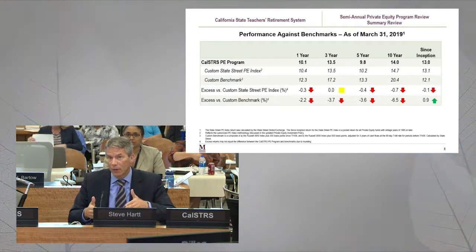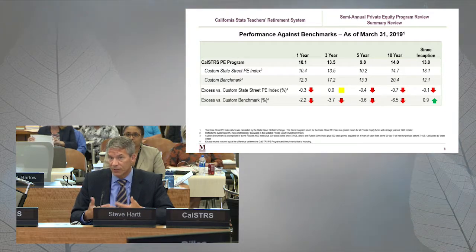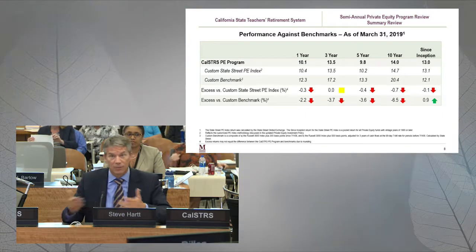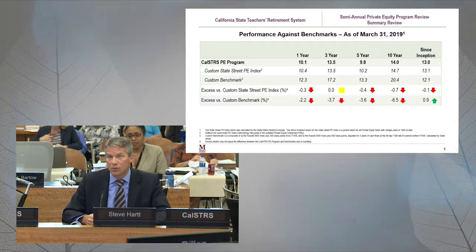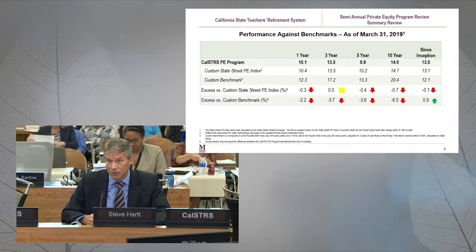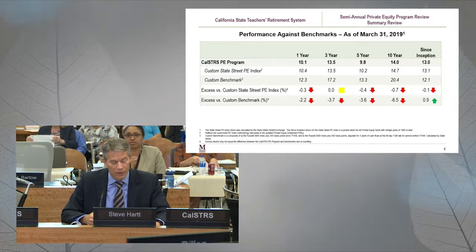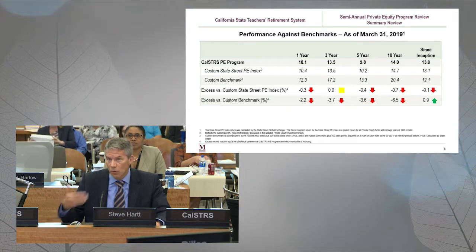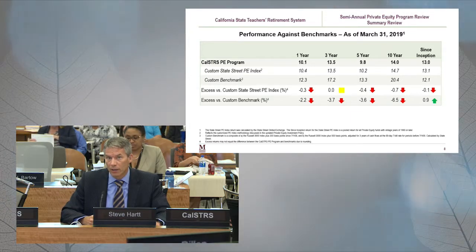So that's one. The other is this is not something that's investable. It's not something that you can find off the shelf and say this is an alternative that we could do. So it does have some characteristics that make it somewhat challenging to compare to. But we do recognize that on the 10-year basis, the return of the CalSTRS program at 14% per year compares to the new long-term private equity benchmark, from a proxy basis the public equity ACWI index, which would have returned 12.3%.